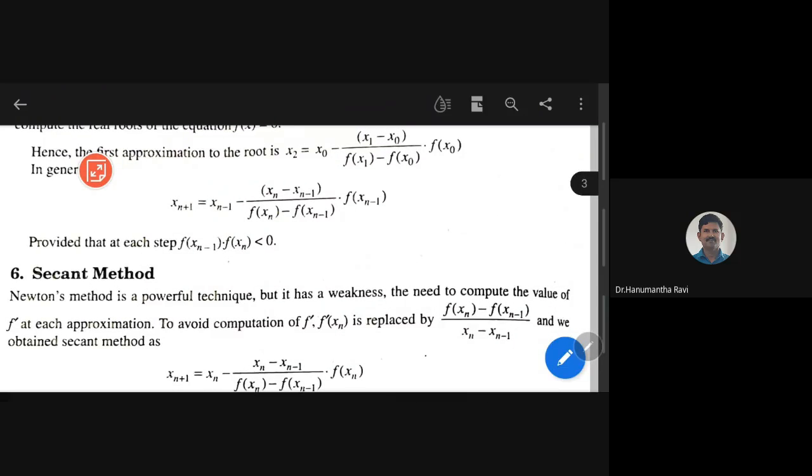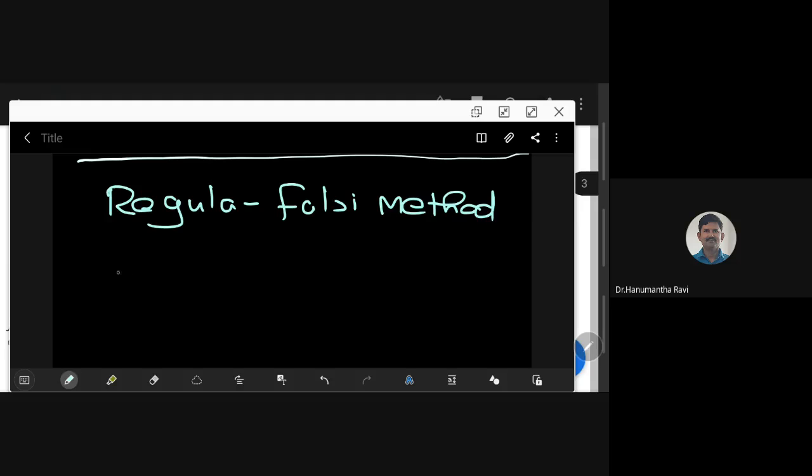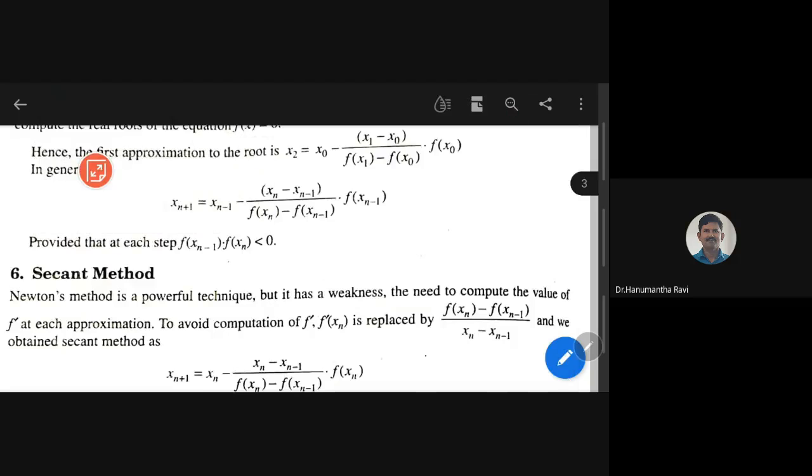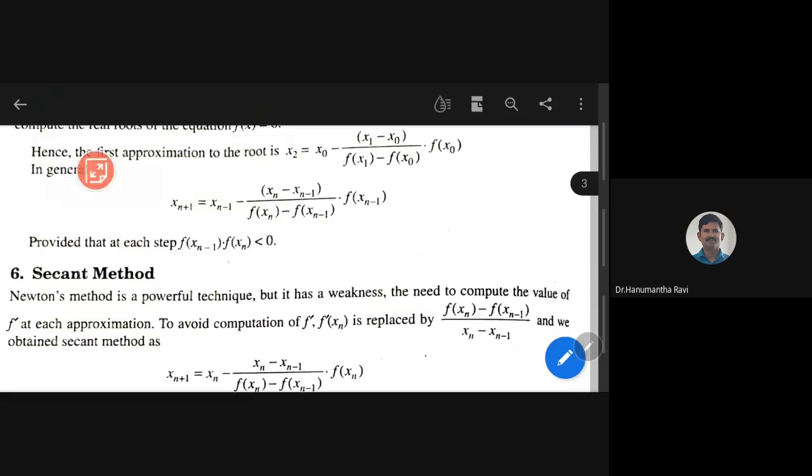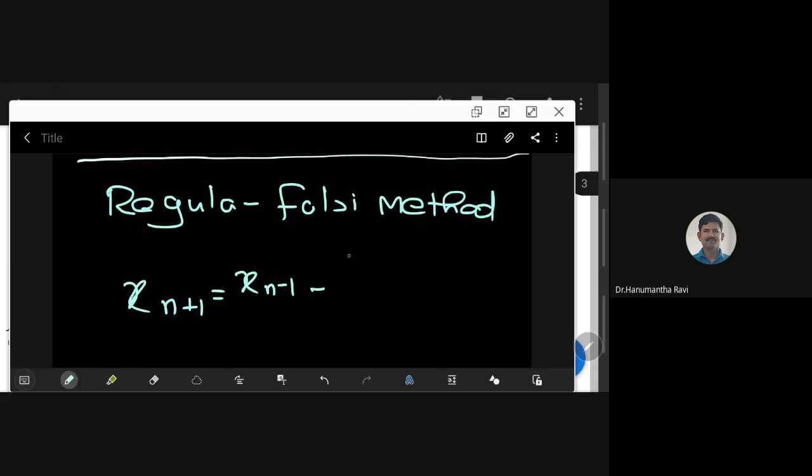Yeah. So here in the false position method, you have xn plus 1 is equal to xn minus 1 minus xn minus 1 by fn minus 1.